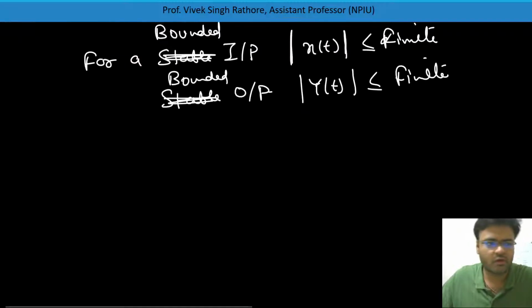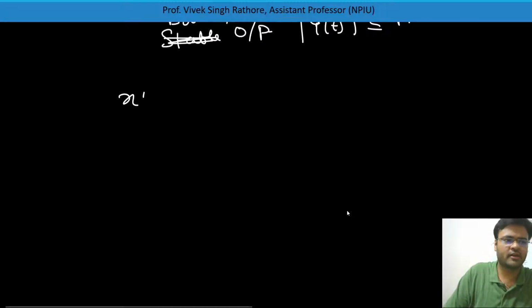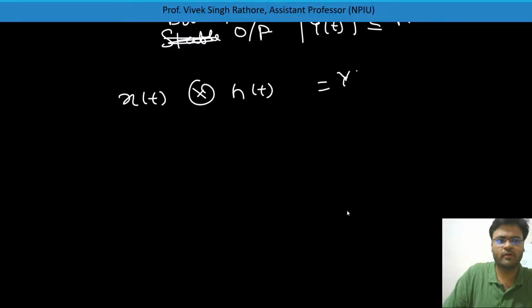This you know. Now x of t is convolving with h of t, and we are getting output as y of t.